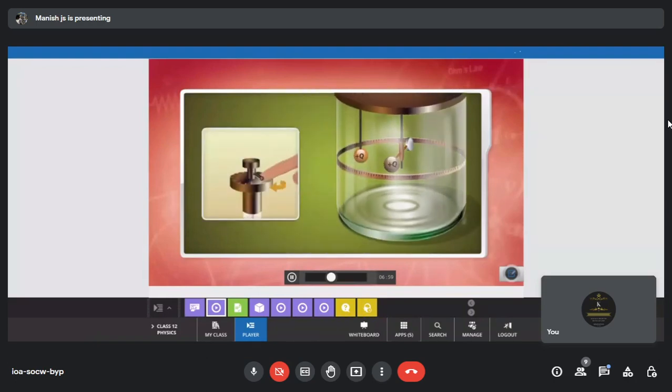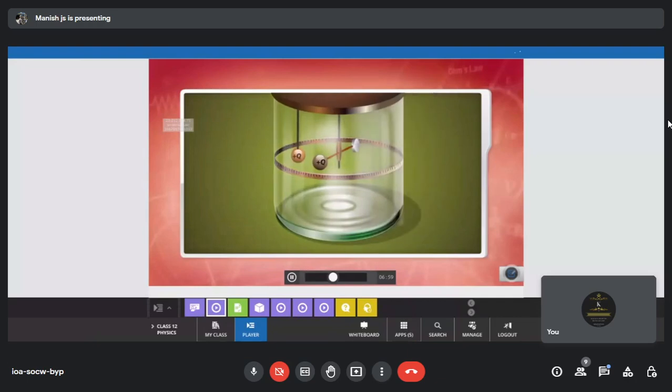He then reset the torsion thread to bring the suspended metal sphere closer to the fixed metal sphere and again measured the force and the distance between the spheres. After taking 3 such readings, Coulomb reduced the charge on the fixed sphere to half by touching it with another similar sphere. This way, he measured the forces between the spheres for different pairs of charges at different distances.